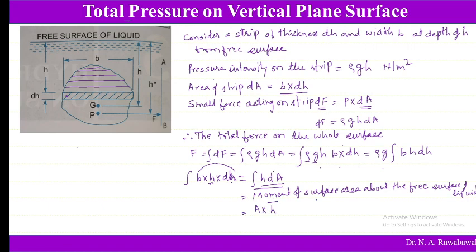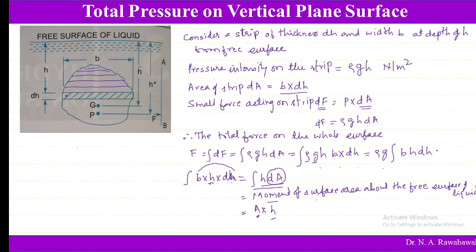So this was for the small area, integration of h into dA. If we consider the complete area, the center of gravity of this complete area is at a distance of h bar. So that can be written as A into h bar. Small a becomes capital A and h becomes h bar.